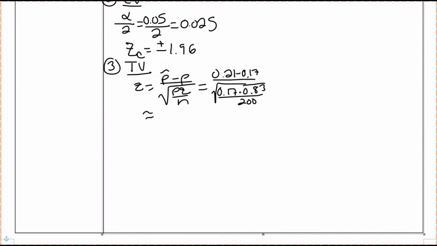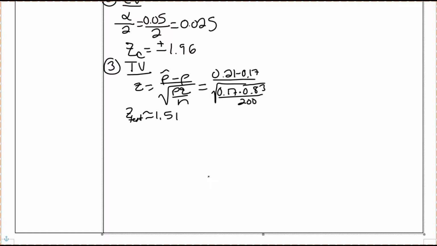All right, so plugging into the calculator, we get about 1.51. So that's our test value. So this is our z test.